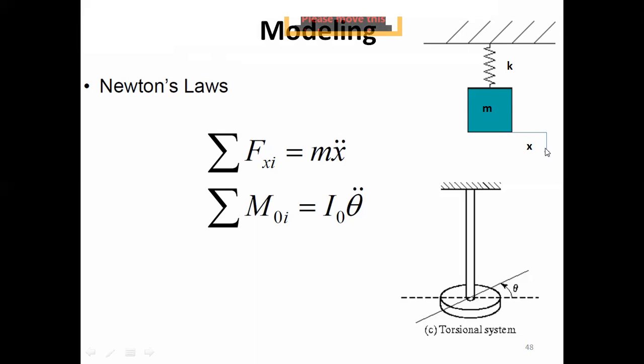And x is, let's say, the displacement of the system. Here we could see a torsional system. It comprises a rod, one end of the rod is fixed, whereas the other end is connected to this, and when it is displaced, it is vibrating about the axis.